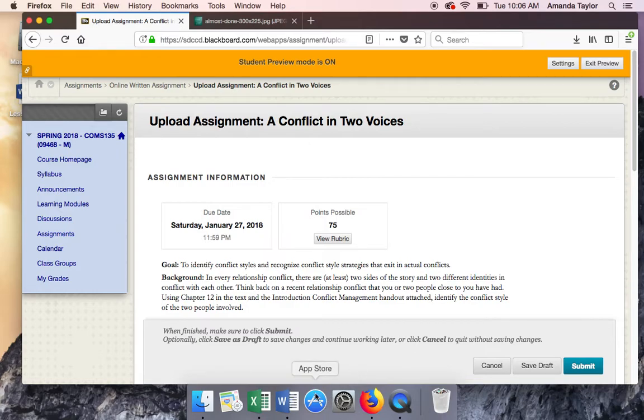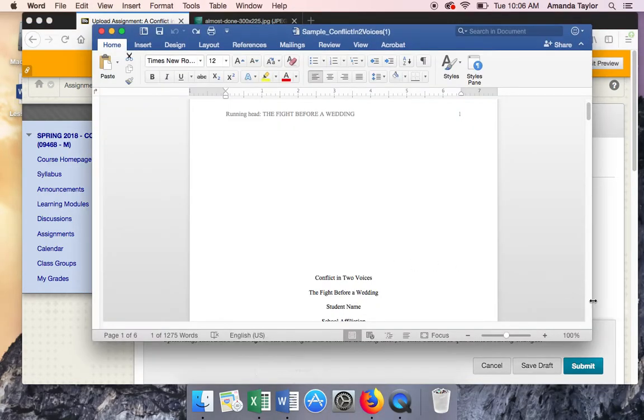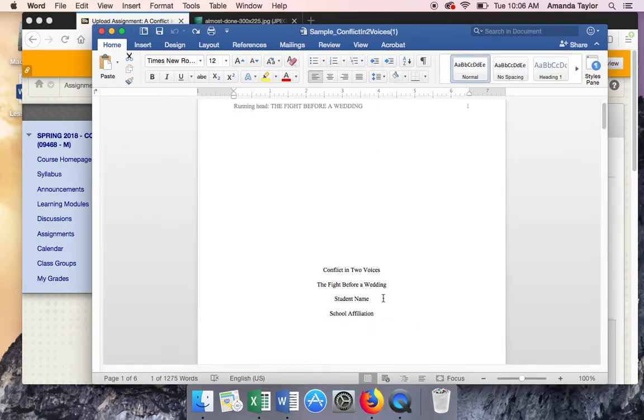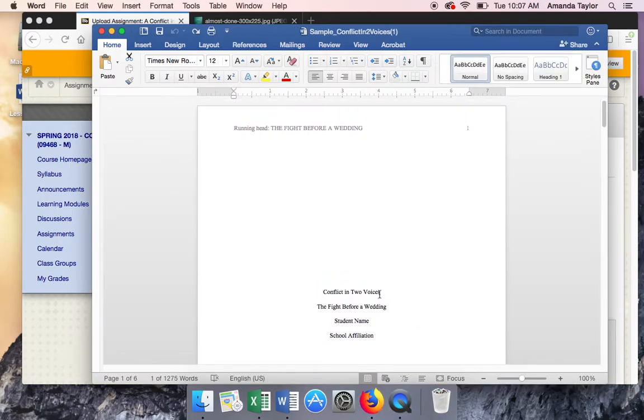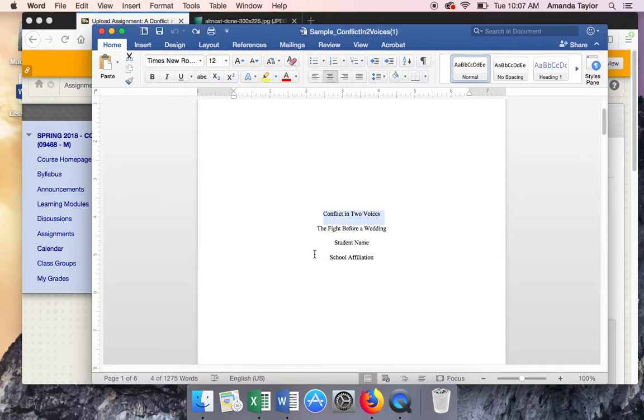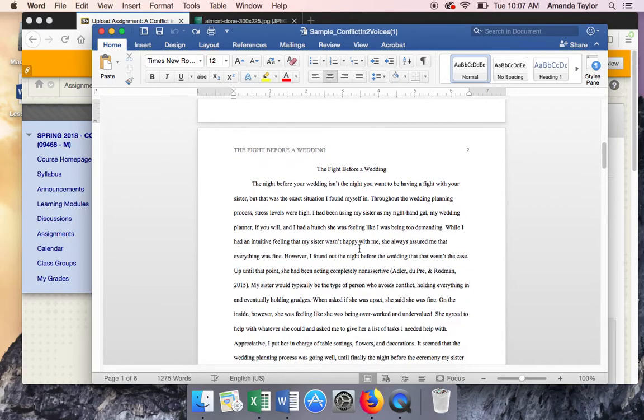So, all right, I want to look really quickly at this student's example. So you can see she has the proper running head on her title page. She named this a Conflict in Two Voices assignment, and she named her essay The Fight Before the Wedding, because she's going to be discussing something between her and her sister that occurred, a conflict.